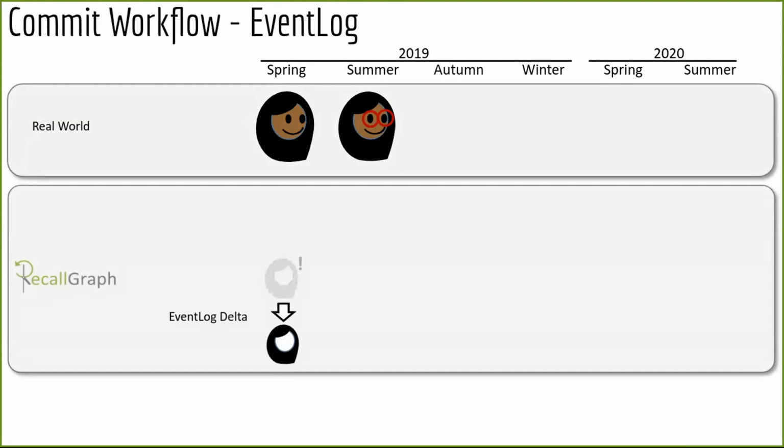Initially, an object is inserted into RecallGraph's event log, which represents the entirety of the contents that represent Anna. And when we want to represent the update that happens, we only track what has changed. So the only thing that has changed from spring to summer is that a pair of new red glasses have been added, and RecallGraph only keeps track of that. Then in autumn of 2019, Anna decides to dye her hair blonde, and RecallGraph just tracks the change in hair color.